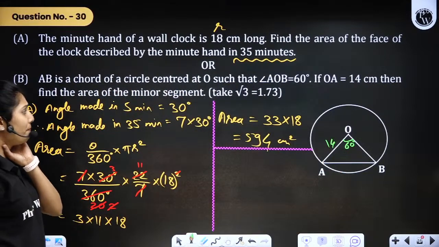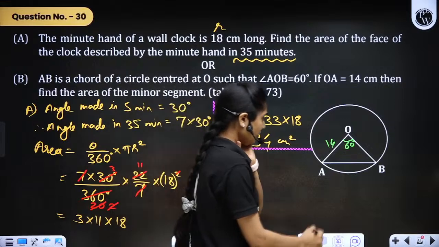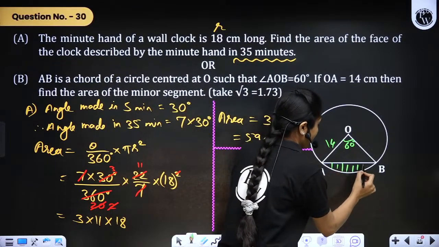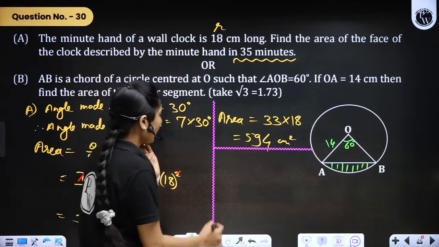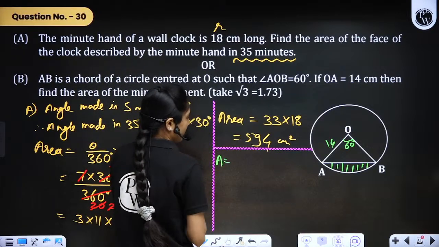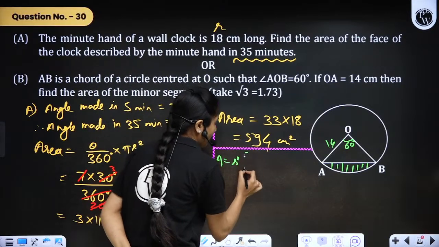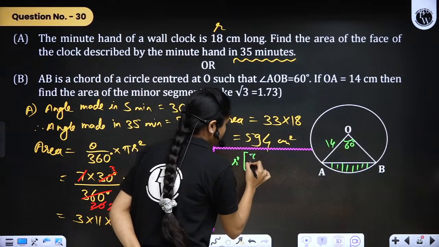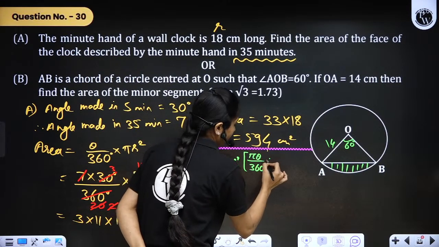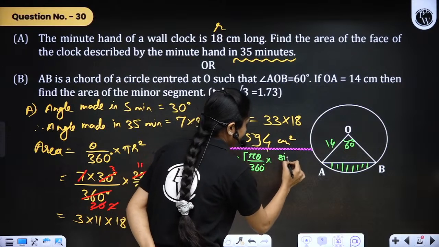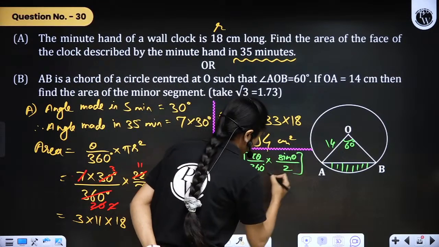Find the area of the minor segment. We have to calculate the area of the minor segment, that means the area of this region. So if we want to calculate the area of the minor segment, what's the formula? It's r square into (pi theta by 360 minus sin theta by 2).